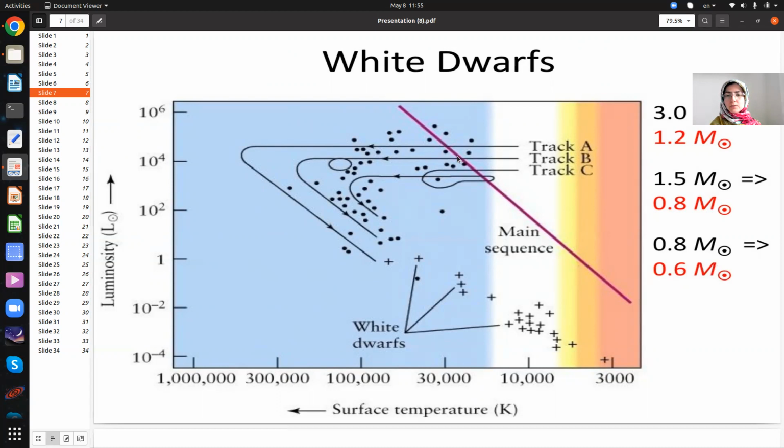Here you see the main sequence, and then stars leave here, and then they become white dwarfs, and then you see the white dwarf shift to be cooler and fainter. And you see it is so faint and so cool.